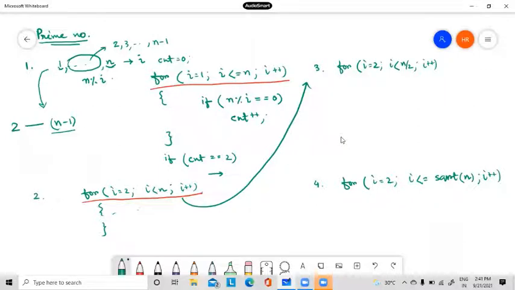So remember, there is always a trade-off between space and time. It has been seen that when we try to minimize the time, automatically the space will increase, and if we try to minimize the space, automatically the time will increase. So we sometimes try to optimize these 2 things.